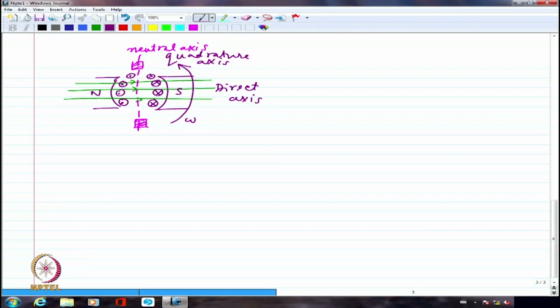Right? So if I consider this, I will definitely have around each of them a flux or field line. I will have multiple number of them, but on the whole, maybe I can draw something like this. This will be the total field line that I will have.